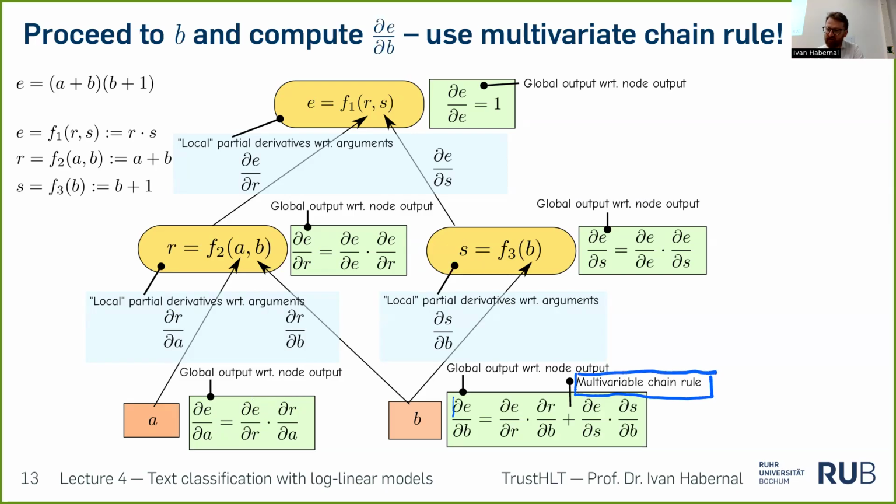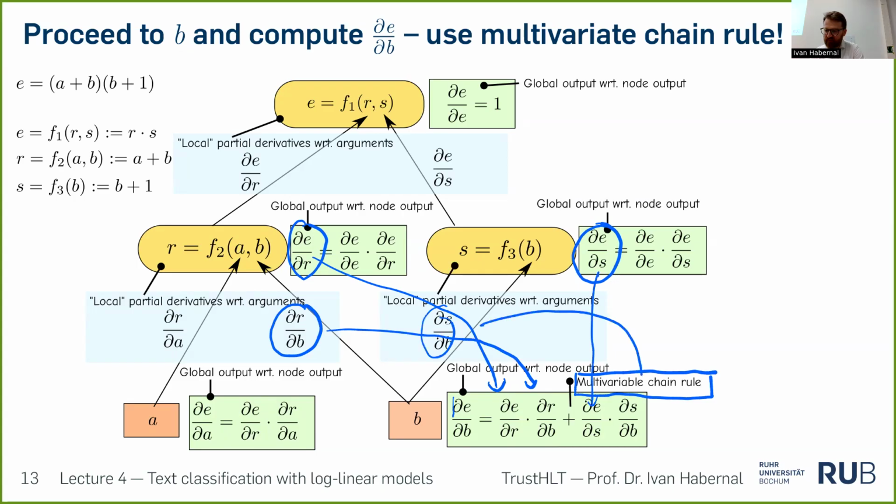Because we have two parents, we need to sum up all these incoming parent global derivatives multiplied by the local ones. We take this parent times this local derivative plus this parent times this local derivative, and sum them together. This is the rule we know from calculus. And voila, we end up with the partial derivative of E with respect to B.